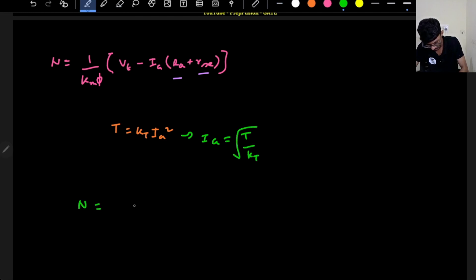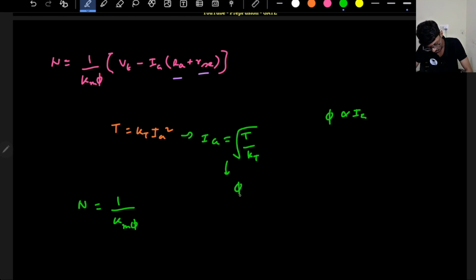So N is basically 1 by Km phi. Ia is also here, right? So this will be 1 by phi, because flux will change. I have to directly write in terms of Ia only. My flux is also proportional to Ia. So what will be my flux here?